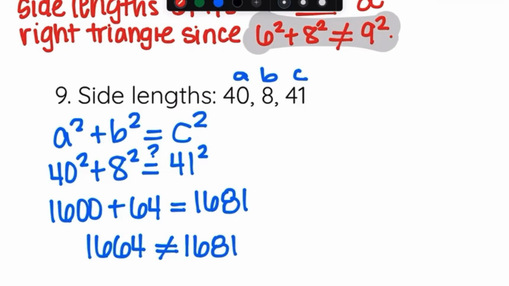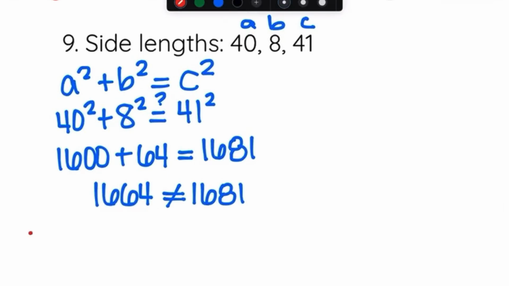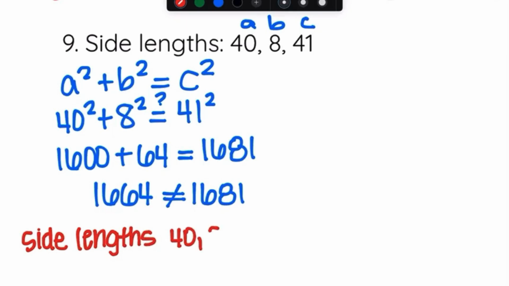So, again, stating my reason, side lengths 40, 8, and 41 are not a right triangle.